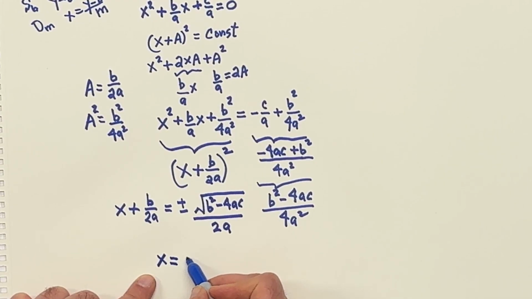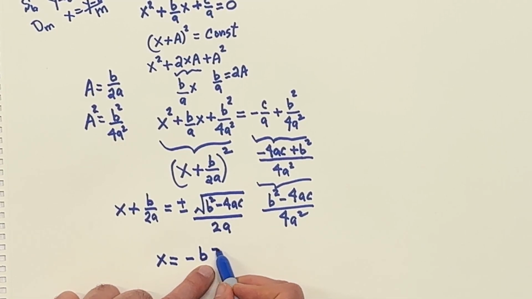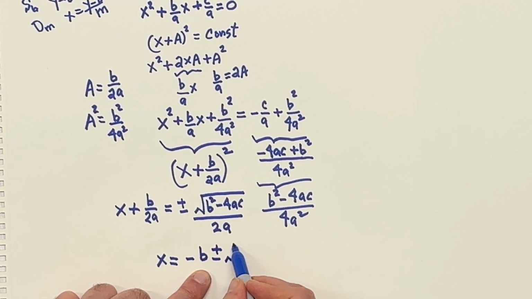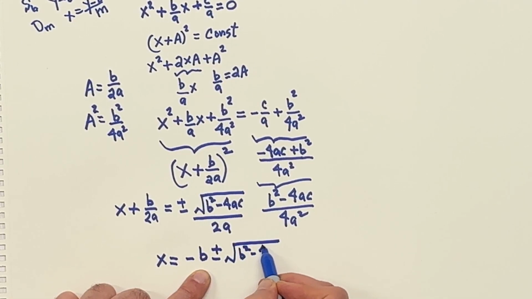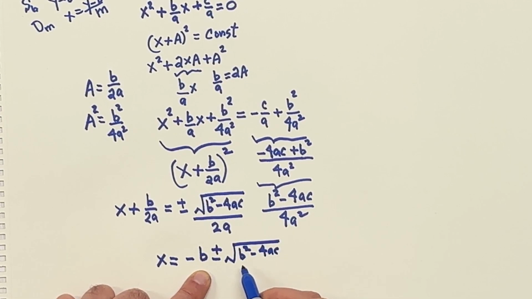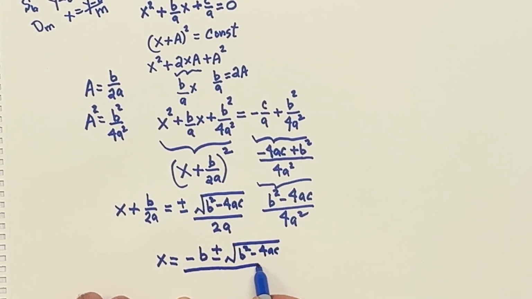So x is equal to minus b. Now notice the 2a is in common to both of these, so I could put minus b plus or minus the square root of b squared minus 4ac, and all of that is divided by the 2a.